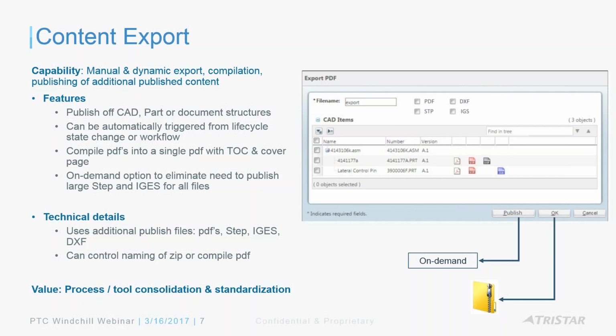So if it's a network folder, we can have this PDF, for example, or this DXF or STEP file be put into those other folders whenever there's some type of workflow activity or a user decides that it's time to do that by manually launching a command in Windchill.